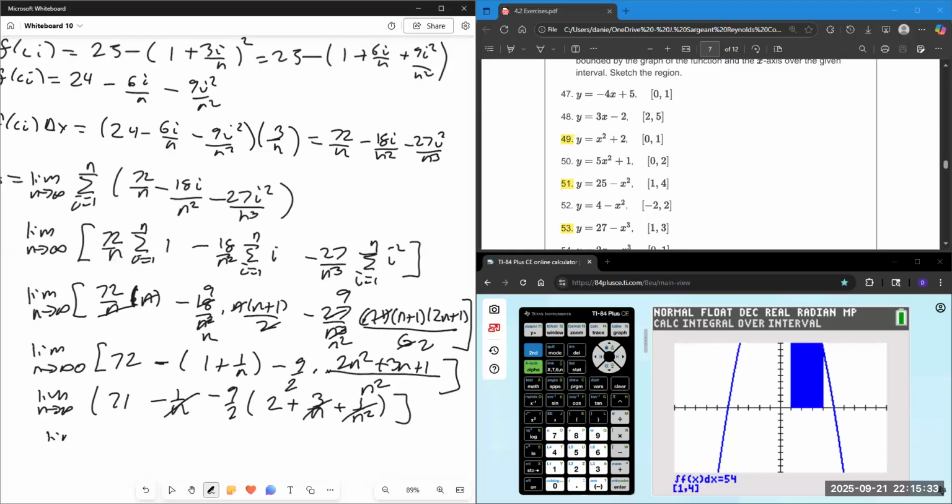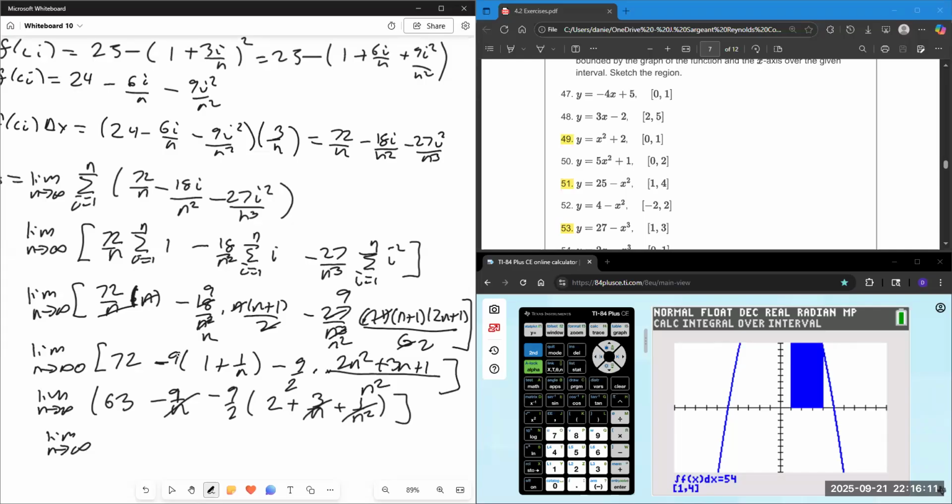So this is the limit as n goes to infinity of, let's see, 72 minus, this is 9, is 63 minus 9 over n.